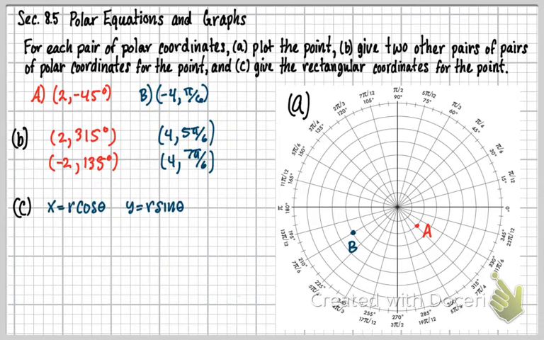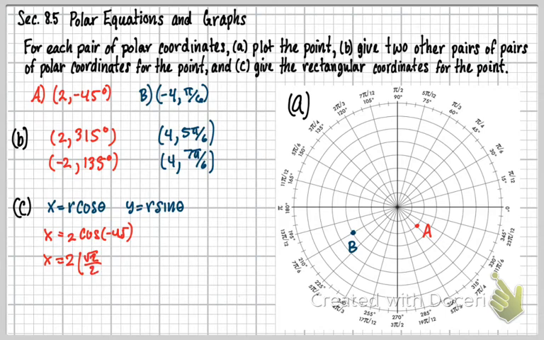So now let's use these two equations. Now we know our radius is 2, and we know our angle is negative 45. So we just plug that in here. And hopefully we know cosine of negative 45 degrees by now, because that's just x equals 2 times root 2 over 2.